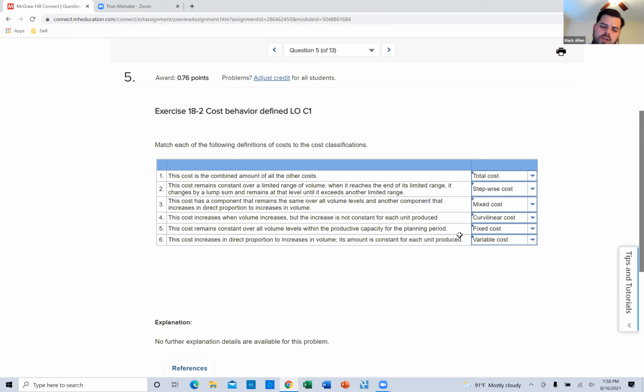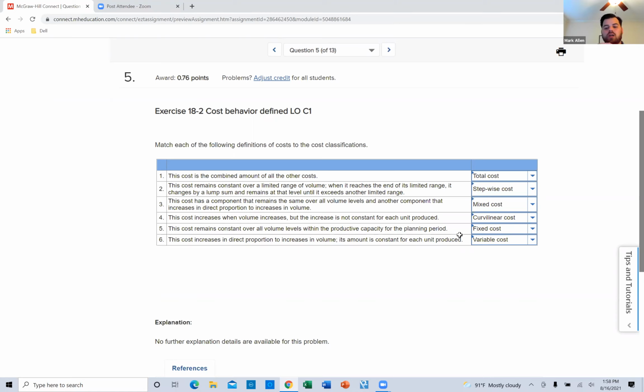Number 3, this cost has a component that remains the same over all volume levels. So that's the fixed component, and another component that increases in direct proportion to increases in volume. That is the variable component. If it's got both fixed and variable, that is a mixed cost. Number 4, this cost increases as volume increases, but the increase is not constant, right?